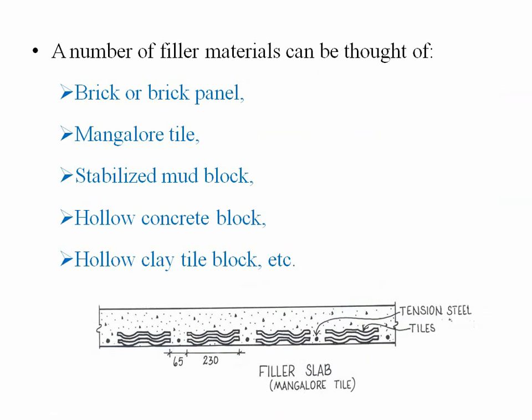A number of filler materials can be used. Some of the filler materials are listed here: the brick or brick panel, Mangalore tile, stabilized mud block, hollow concrete block, hollow clay tile block. Here you can see this one. In this they have used the Mangalore tiles as the filler material, that is as the partial replacement of the concrete in tension zone.